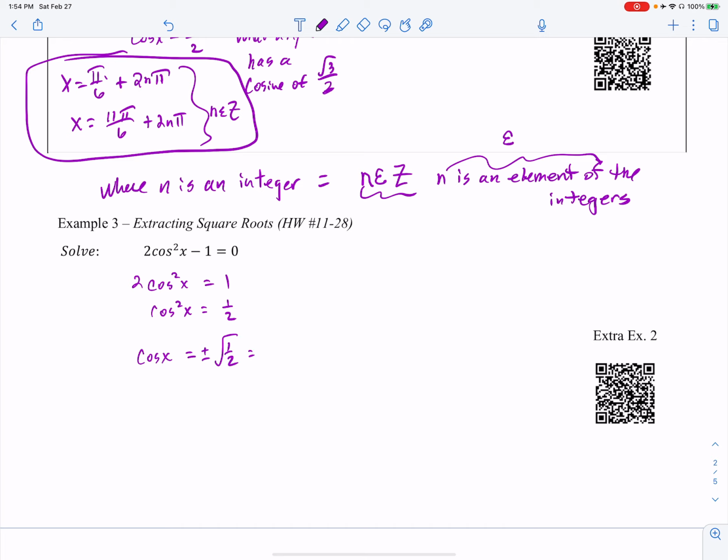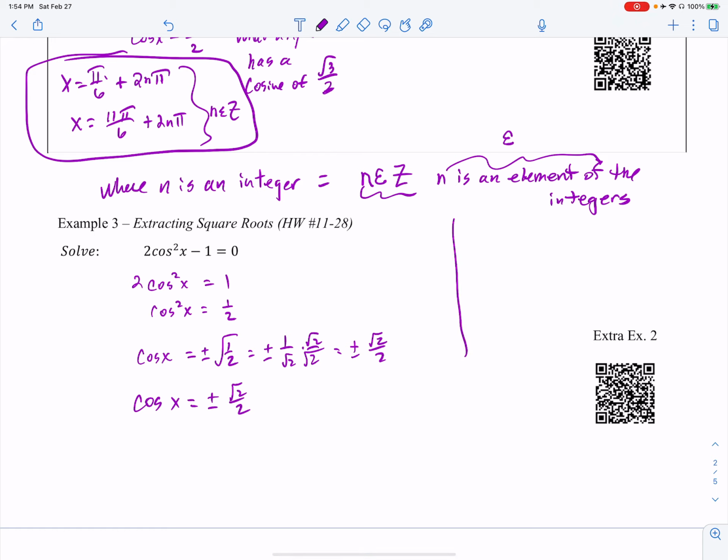And that's plus or minus 1 over root 2, but you need to rationalize. And you get plus or minus root 2 over 2. So I'm looking for the angles where cosine is either positive or negative root 2 over 2. And I know those are angles that will have pi 4th reference angles, or 45 degrees.